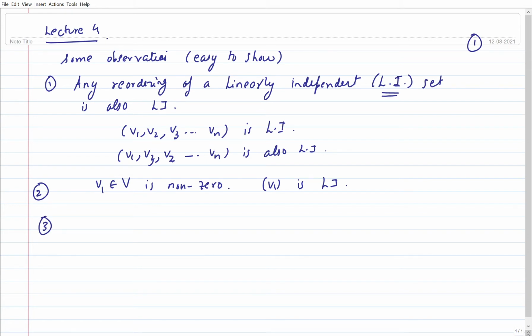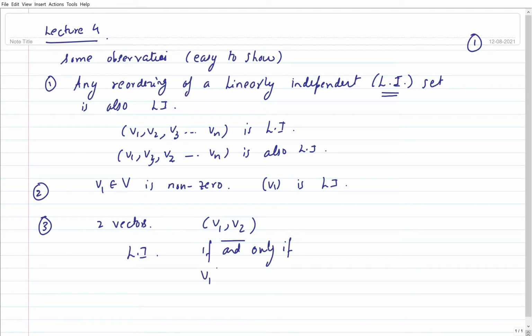And finally, consider two vectors and the ordered set V1, comma V2. So these are linearly independent. When are they going to be linearly independent? So one thing is sure that if they are linearly independent, then it's an if and only if condition. You can verify it.